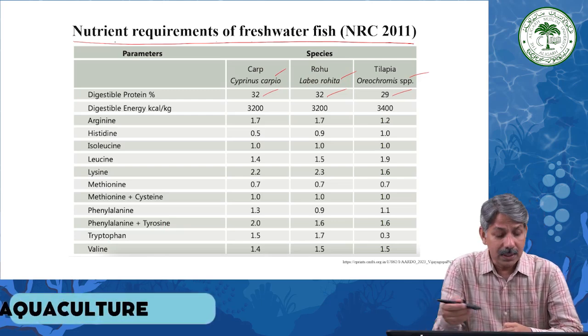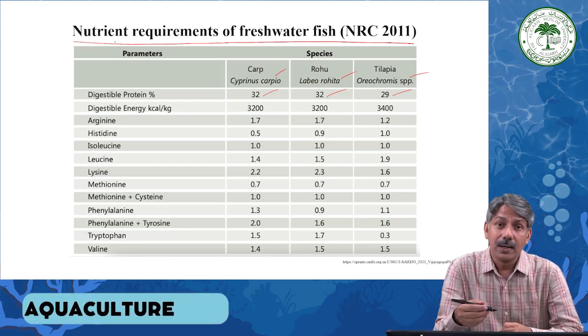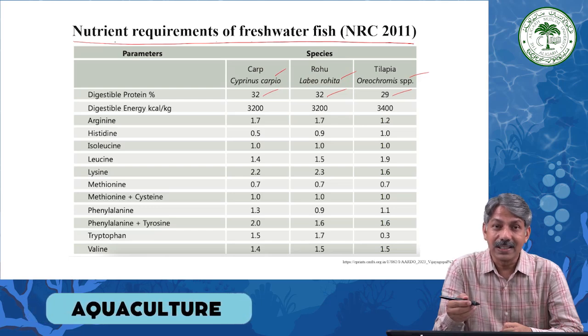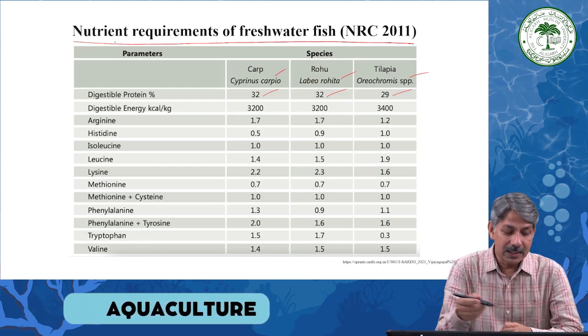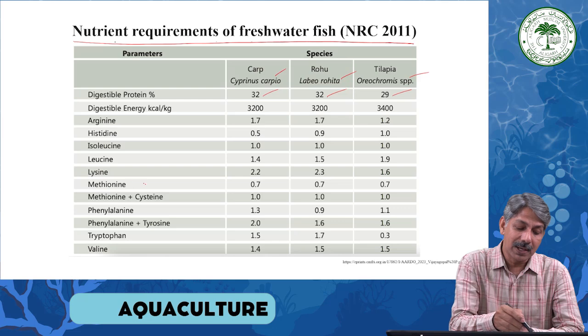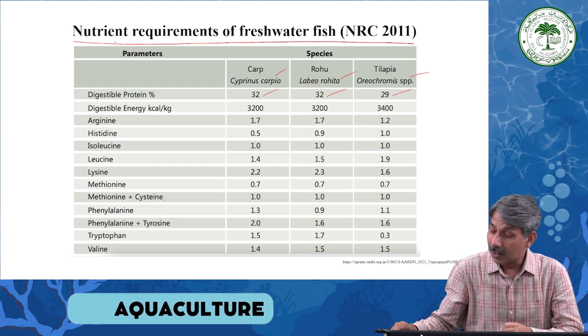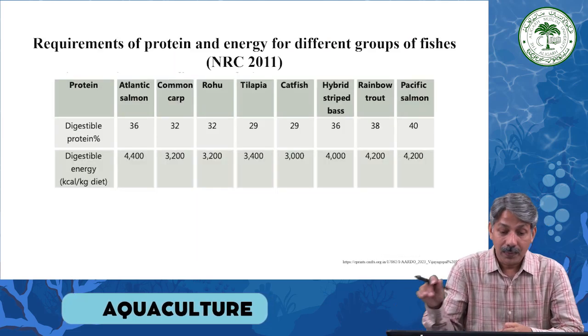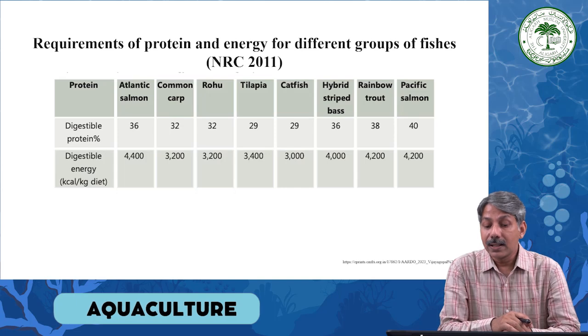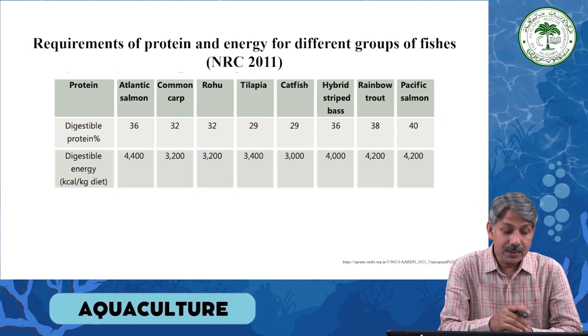There are certain essential amino acids where a sparing effect is also seen. That's why methionine has been shown separately as well as along with cysteine. So, requirement of protein and energy for different groups of fishes.